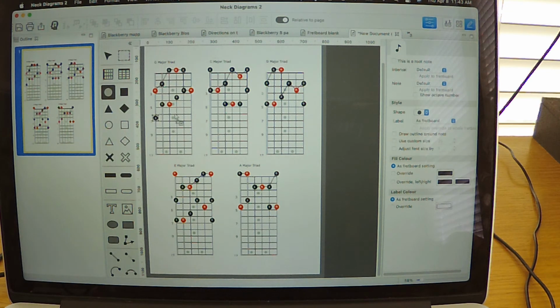Sure enough. So we know root and third here, 1, 2, 3, there ought to be a fifth here. Fifth on the G string means that the diagonal and over, there should be a root. There it is. Diagonal and up, there should be a third. There it is. Straight up here should be a fifth.